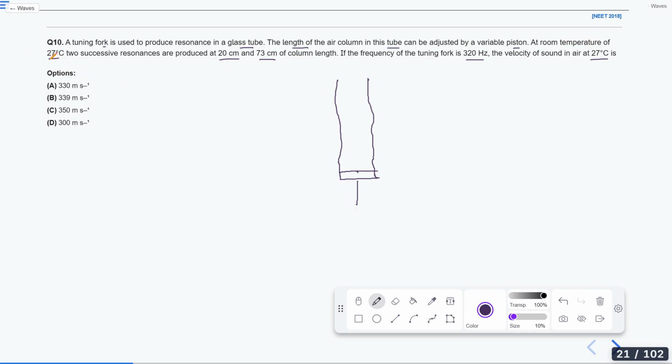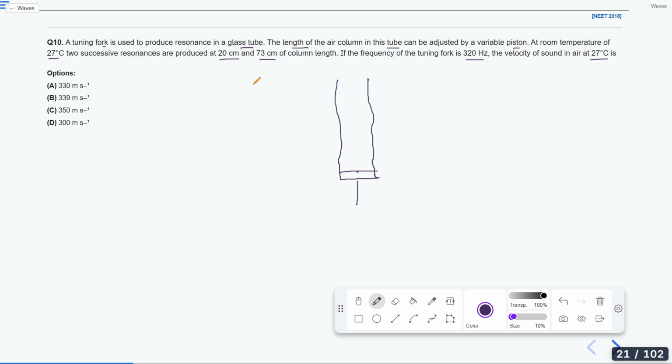So at room temperature of 27 degrees Celsius, two successive resonances are produced. Two successive resonances means, for a closed organ pipe, the first resonance is produced, that is the fundamental frequency. So for the fundamental frequency, what is the length?